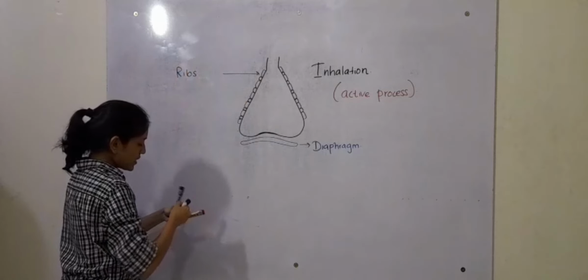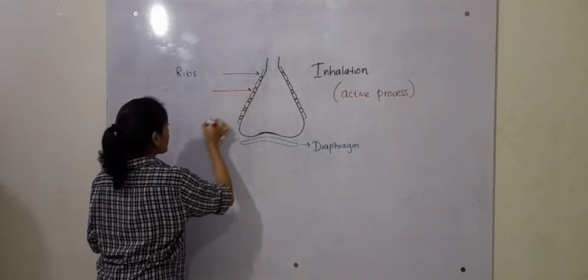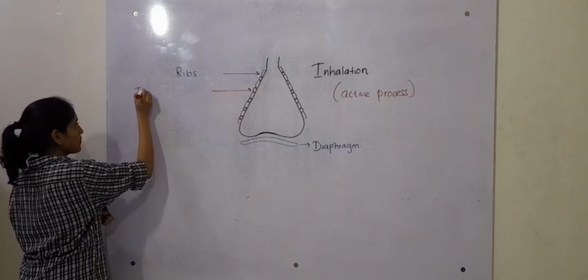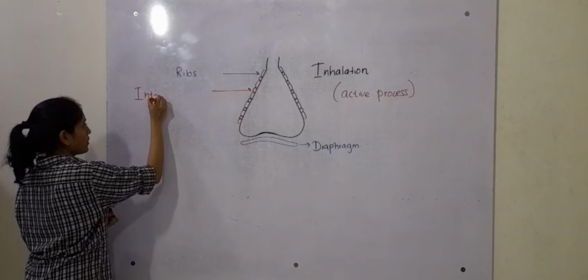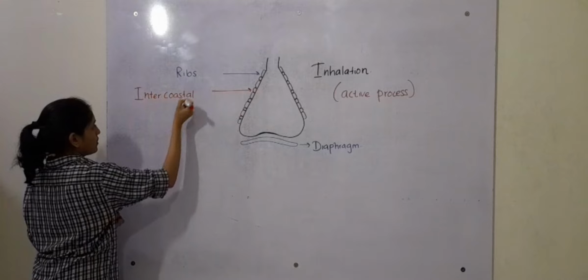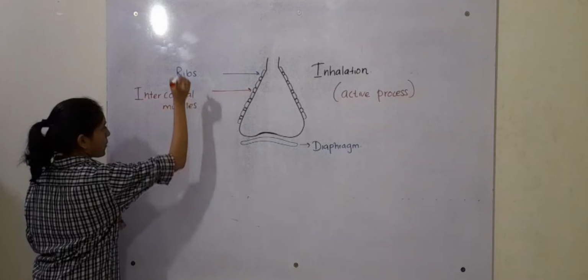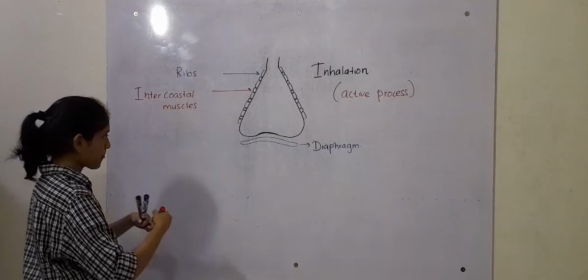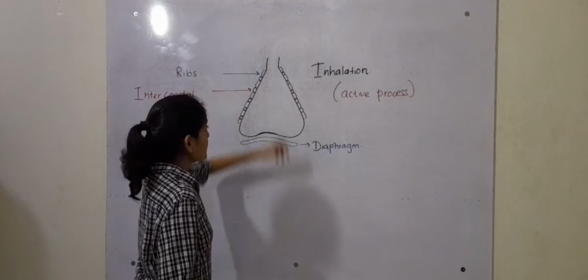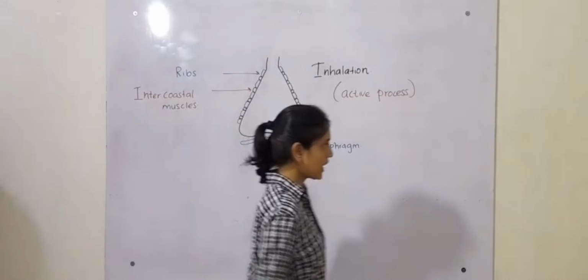And then you have the intercostal muscles. This is your trachea, and this is your lungs.